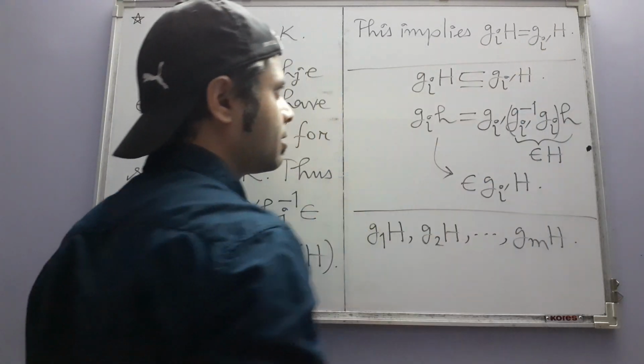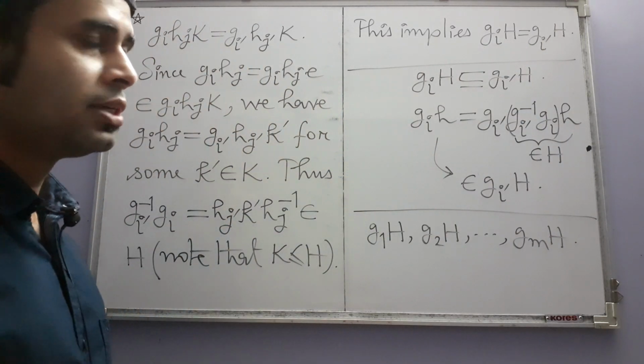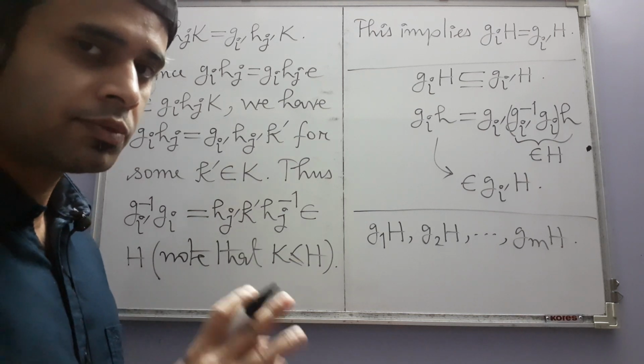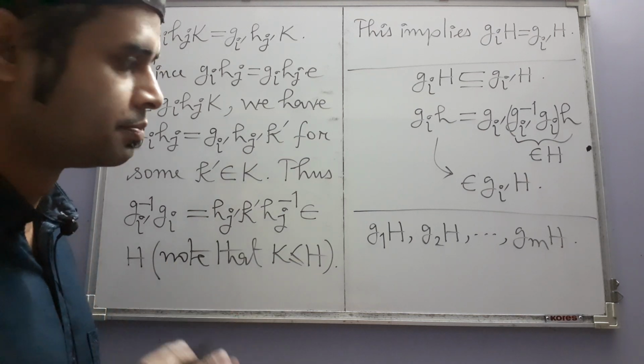But since they are identical, Gi and Gi prime cannot be different. They have to be precisely the same thing.